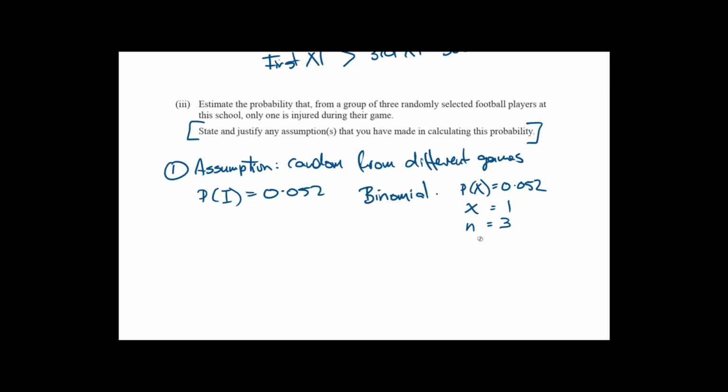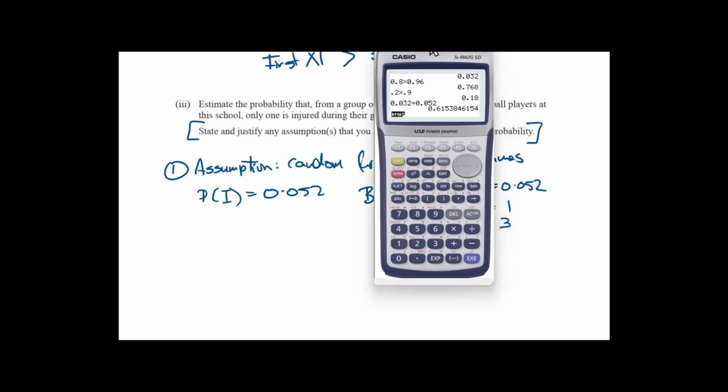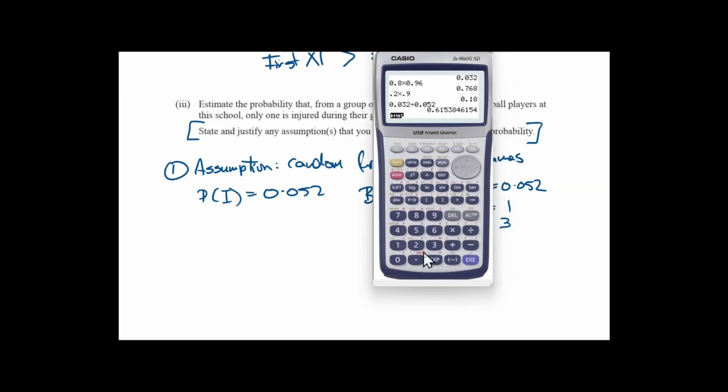Okay, so now we grab our calculator and do it. In the case of calculators, if you have a later model, there is a mode right down the bottom of the menus, way down here, where they do the probability, and it does it really, really well. But this emulator doesn't have that, and I'm just going to use this so you can see the mechanics of what's going on. So I'm going to go to stat mode, distribution, binomial distribution, and I want binomial for a single point rather than cumulative.